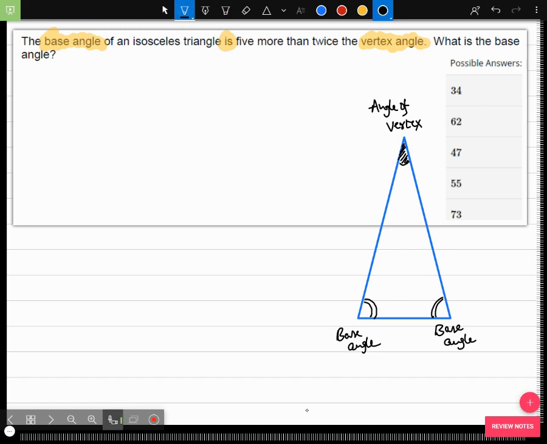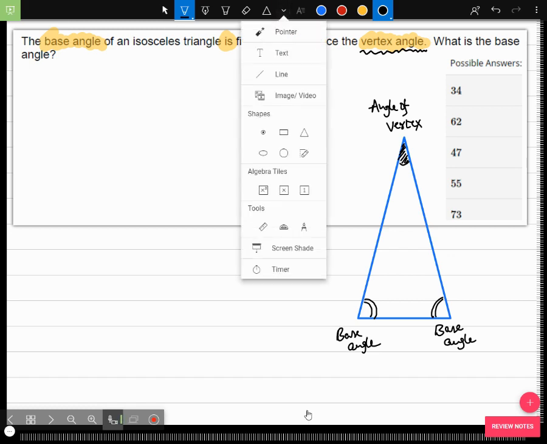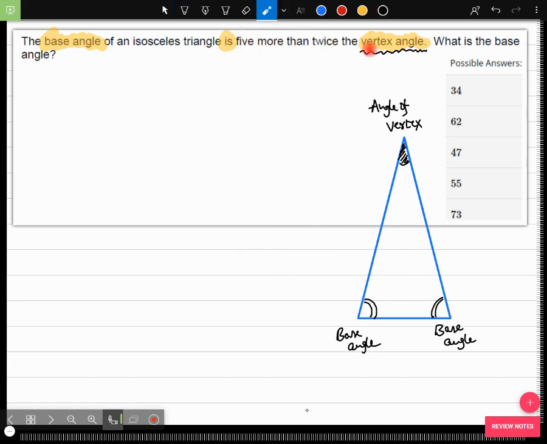There is a rule for which one to be taken as the variable x: the one which comes later, which is the vertex angle. Again I'm repeating, if there are two elements, here base angle and vertex angle, the one which comes in the latter stage is taken as x.